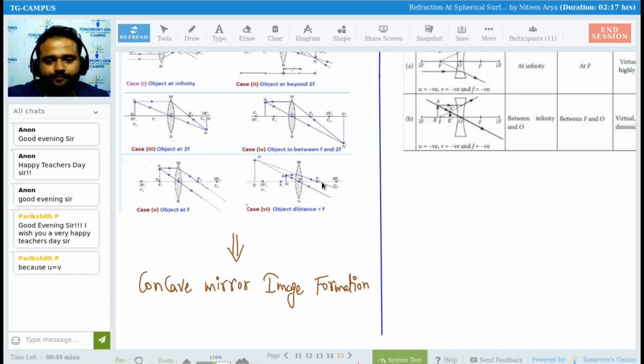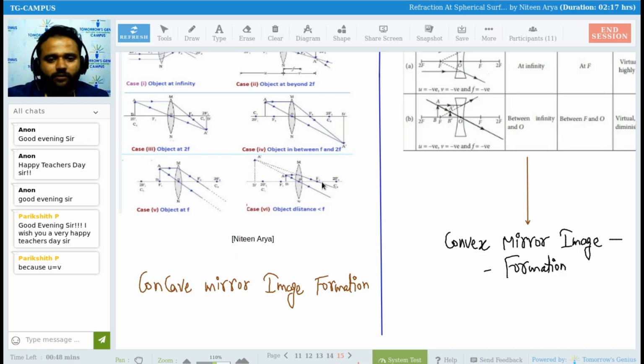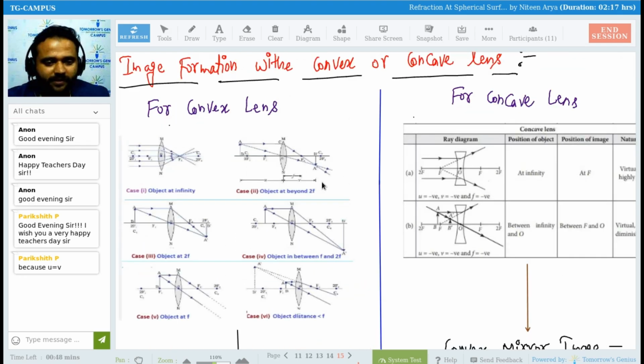And this one is analogous to convex mirror image formation. Clear? Just let me read this, and then we are going to this. Yes. So as you can see, there are 6 cases, and we have 6 cases in concave mirror.